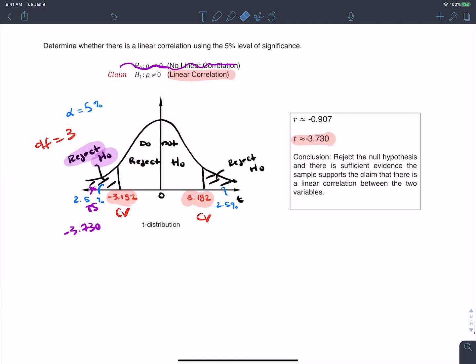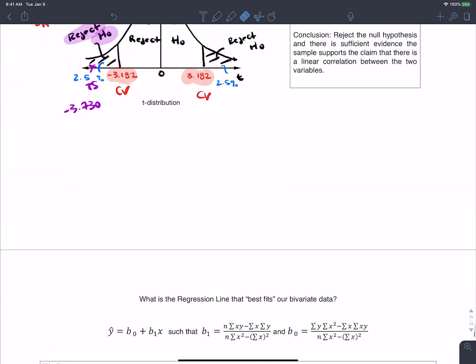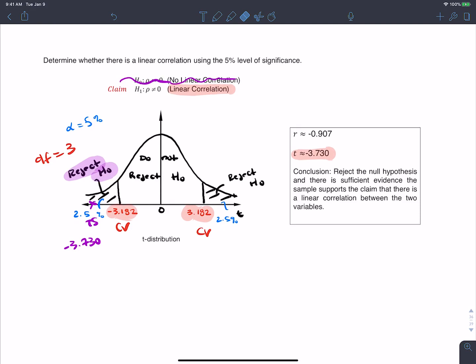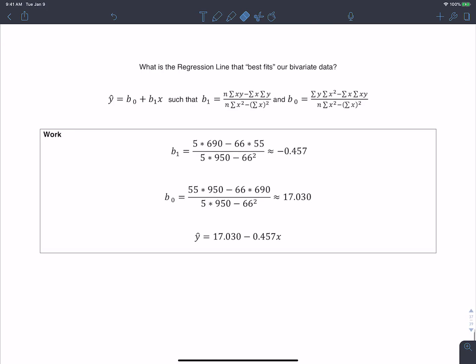For the other hypothesis testing, yes, degree of freedom is n minus 1. For the chi-square distribution, for the t-table, it is n minus 1 for the others, but not for this one. Now let's double check here. So we know that there is a linear correlation. So what you would do now, ladies and gentlemen, is you'd go here, and we're going to try to find the best fit line.